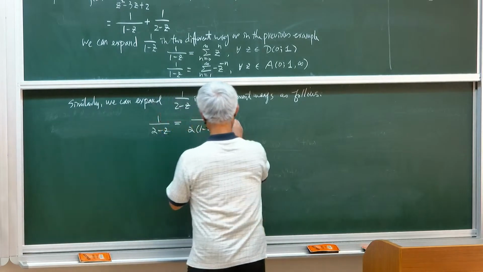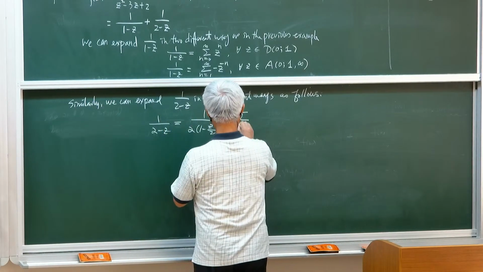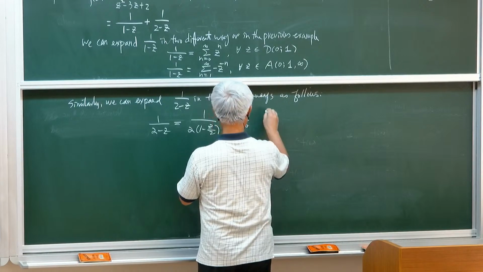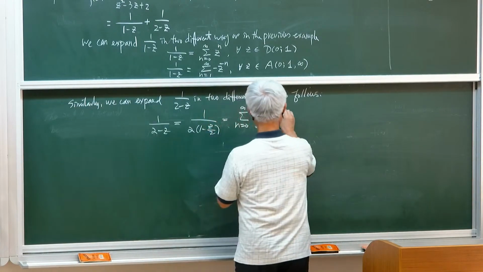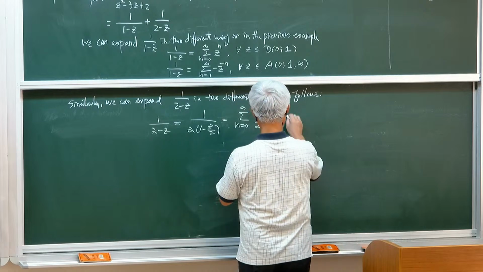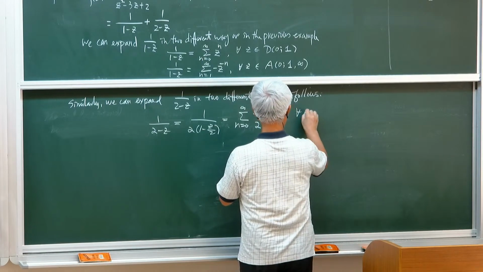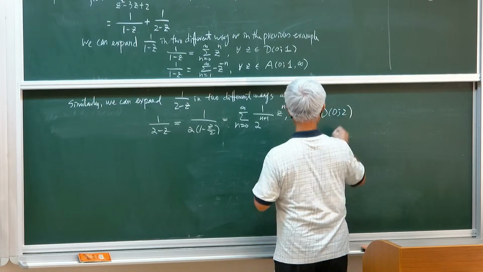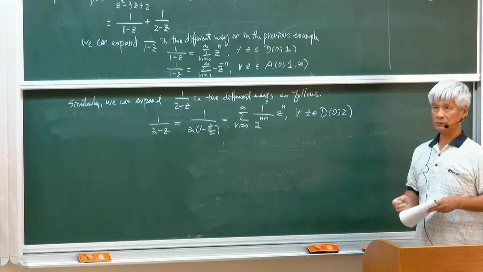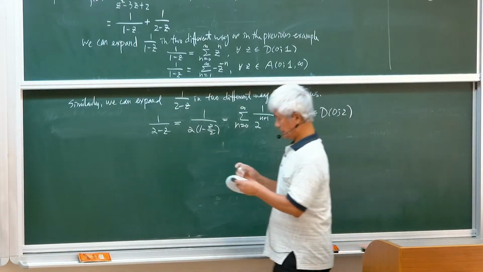So this is the summation n equal to 0 to infinity, 1 over 2 to the n plus 1 power, times z to the n, for all z in the open disk with radius 2.